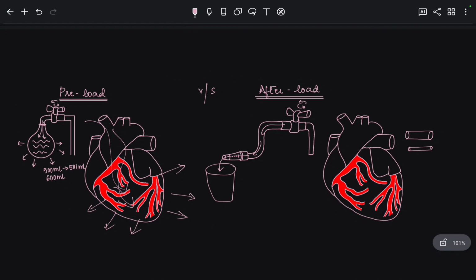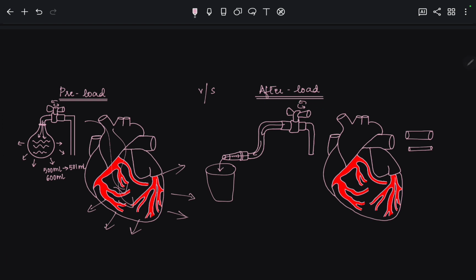Now, let's compare preload and afterload. Preload was the elastic stretch of the cardiac muscle, whereas afterload was the force with which the cardiac muscle had to contract in order to push blood into the blood vessel. Preload is an intrinsic ability of the heart. The heart has the ability to stretch to a particular volume, and that is preload.